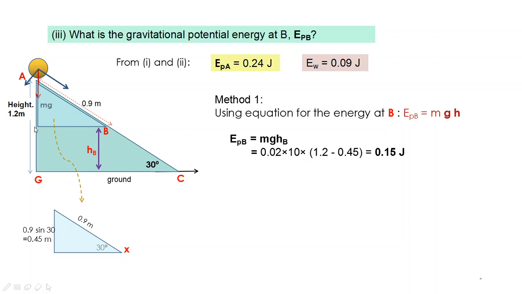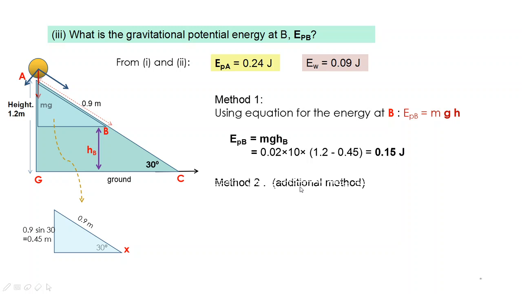From this diagram, we can see that it is equal to 0.9 sine 30 equal to 0.45 meters. Hence, the height from the ground to B, hB, is equal to 1.2 minus 0.45 meters. Therefore, you can find the potential energy at B is equal to 0.15 joules.